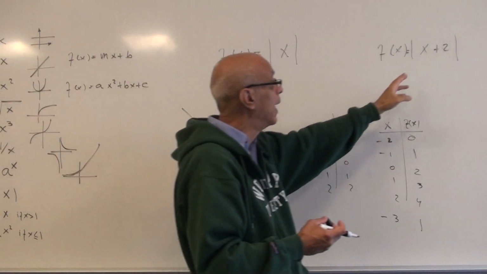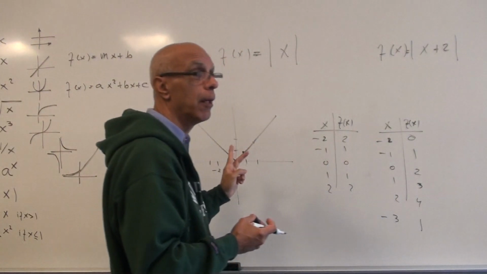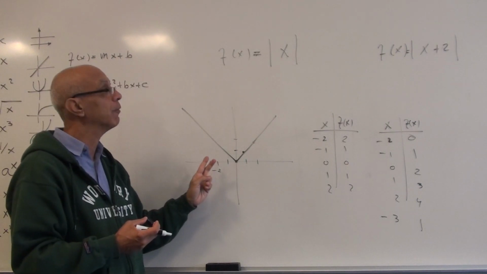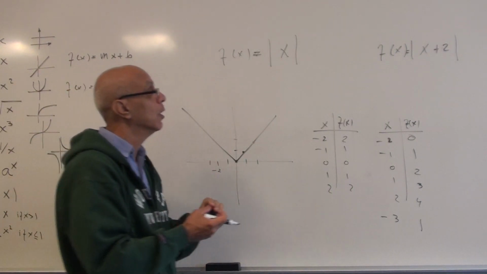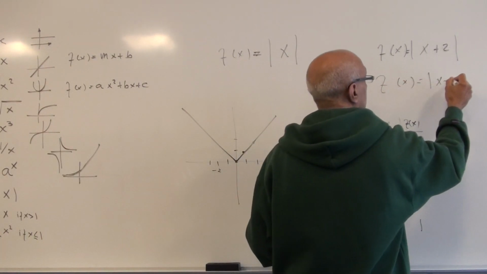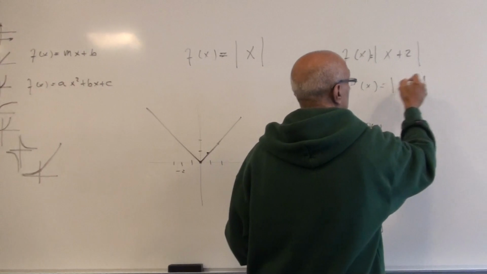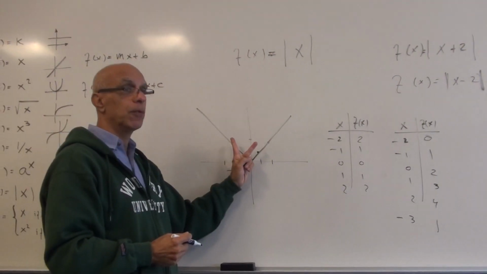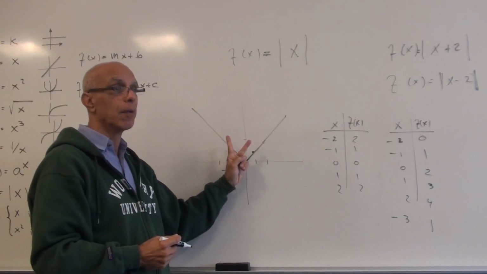If I subtract 2, where's it going to shift? If I write this function, x minus 2 inside the bars, what's going to happen to this one? It's going to shift where?